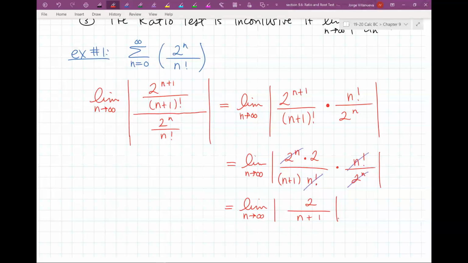N plus 1. Oh, so remember, n plus 1 factorial is actually written as n plus 1 times n times n minus 1 times n minus 2, etc. Right? The next term is always subtracted by 1. Now you can keep writing this out till you're done, 3, 2, 1. Okay?